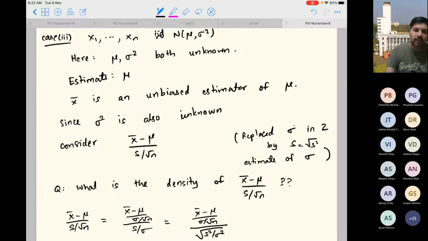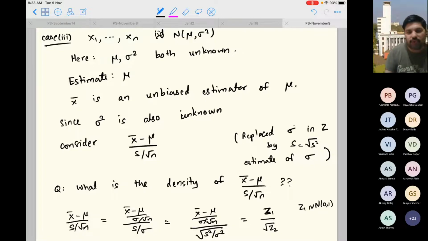And what do I have here? I have a ratio of two random variables. So the numerator here is z1, and the denominator is the square root of some random variable, z2. Okay.